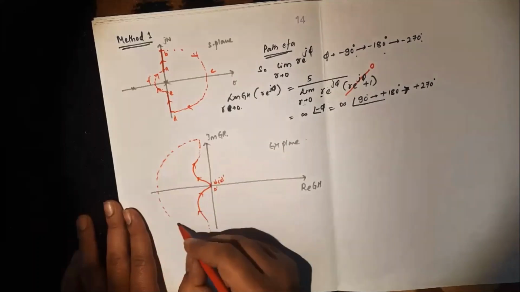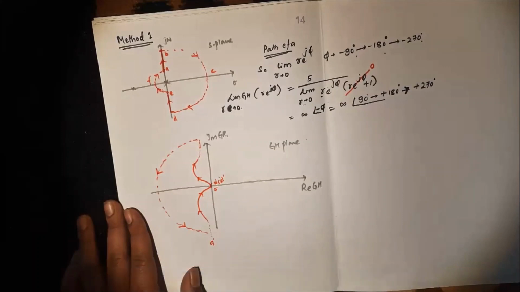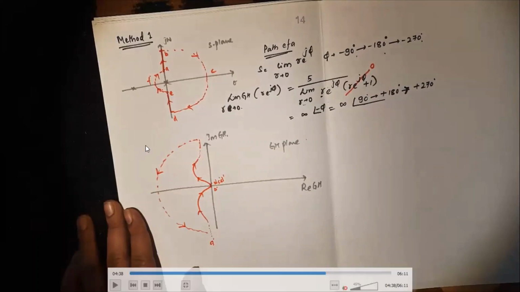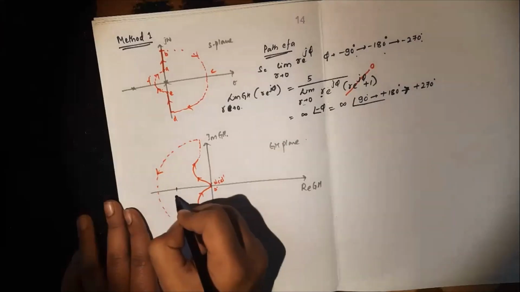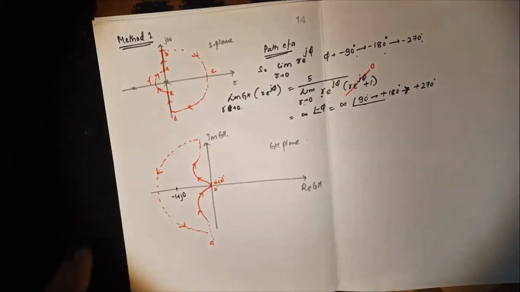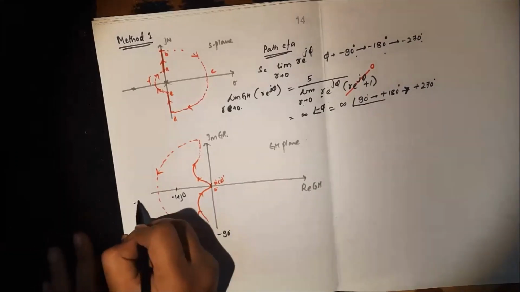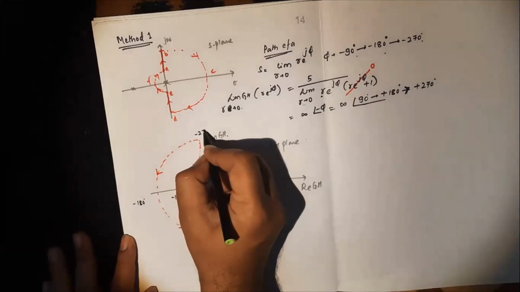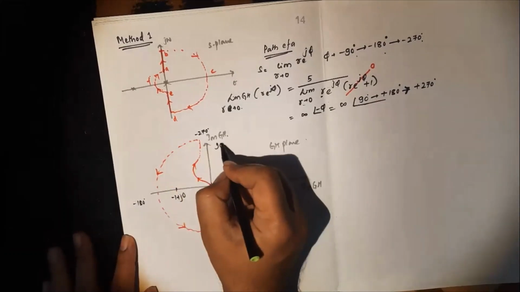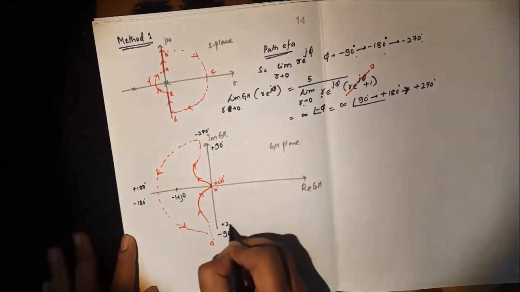So we have to draw a curve whose radius has infinite magnitude and its angle is changing from plus 90 to plus 180 to plus 270. And now, since the radius is infinity, obviously it will encircle minus 1 plus j0. So angle can be read in both ways, clockwise, anti-clockwise.